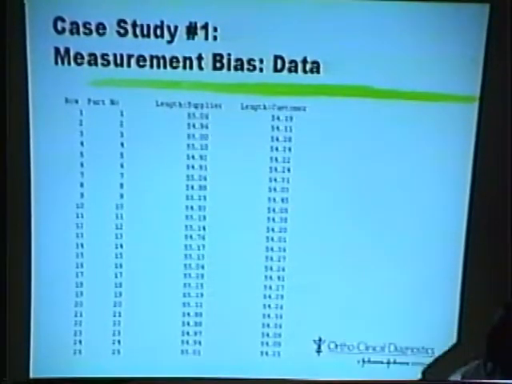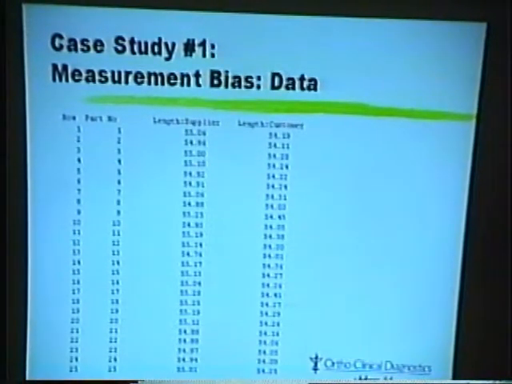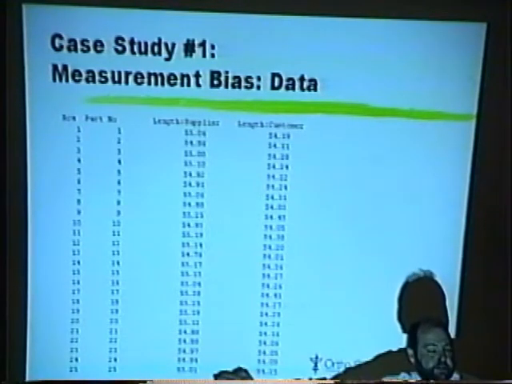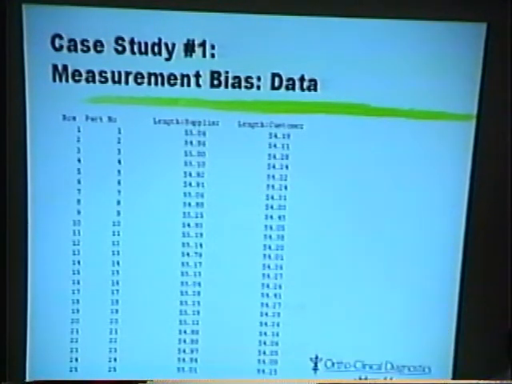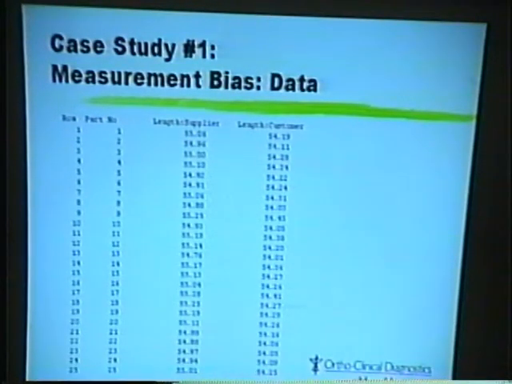Basically, what we have then, and this is a Minitab printout, is 25 parts, and for each part we have a measured result as obtained from the supplier's source, and a measured result as obtained from our source as the customer. I do want to mention that these data were transformed so that they don't actually represent the actual numbers, but they're derived from actual numbers. So here's where we're starting from.